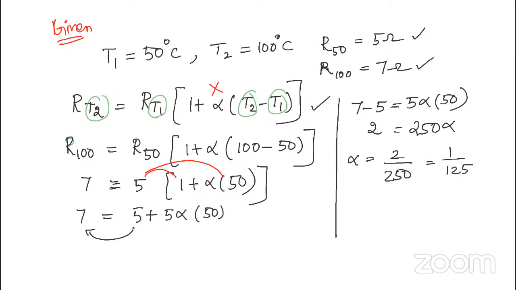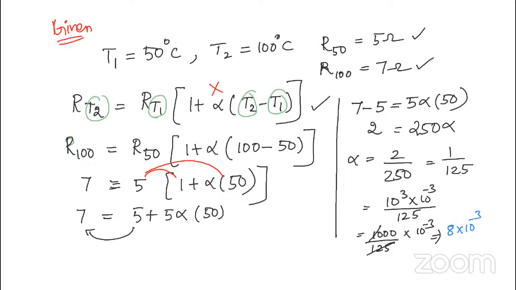In the 1 by 125, we already saw previously what it is: we add 10 power plus 3 and 10 power minus 3. So 10 power plus 3 into 10 power of minus 3 divided by 125. Now 10 power plus 3 is 1000, so 1000 into 10 power of minus 3 divided by 125. When we cancel this, it becomes 8. Okay, so 8 into 10 power of minus 3.